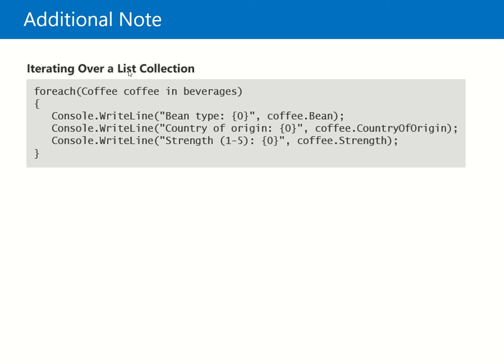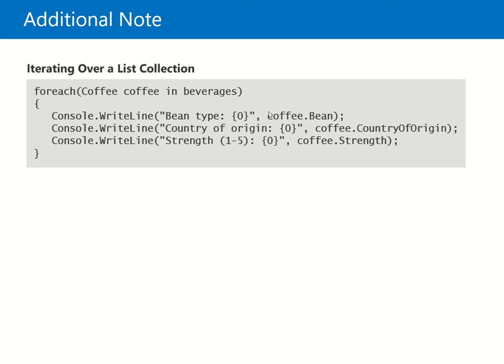This part is just that you need to create a variable that can temporarily store each item from this array list. So you create a coffee variable, which is a structure coffee. Then in your console write line, you type in some wording, for example bin type colon, and then a placeholder for the variable.